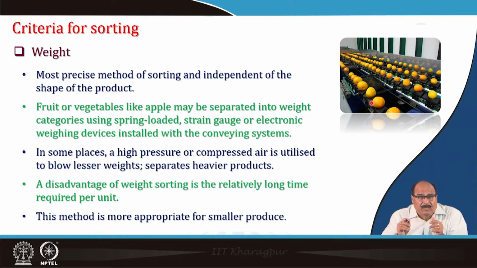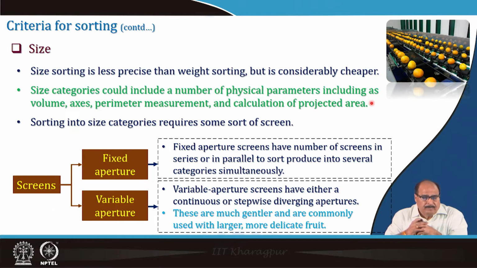In some places, compressed air is utilized to blow away lesser weights and separate heavier products. A disadvantage of weight sorting is the relatively long time required per unit. This method is more appropriate for smaller produce; larger weight materials cannot be sorted with accuracy.